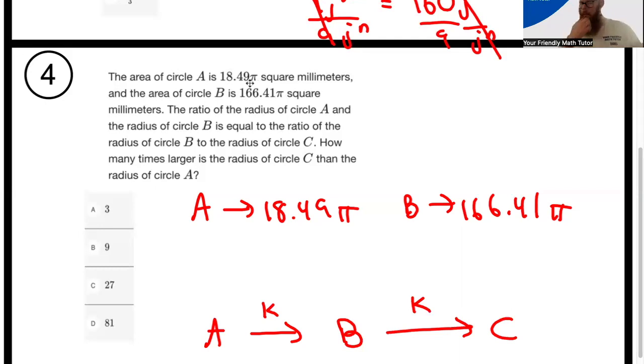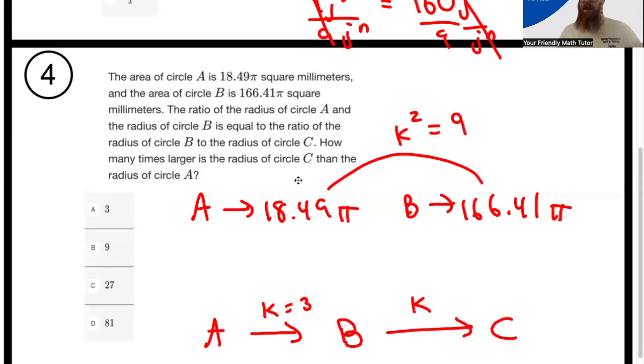All right. Well, what they're giving us is the areas. So every time you are going from one area to the other, that's always the scale factor squared because we're dealing with the second dimension here. So what you need to do is just divide these. And if you divide those, you get 9, which means the scale factor is 3.